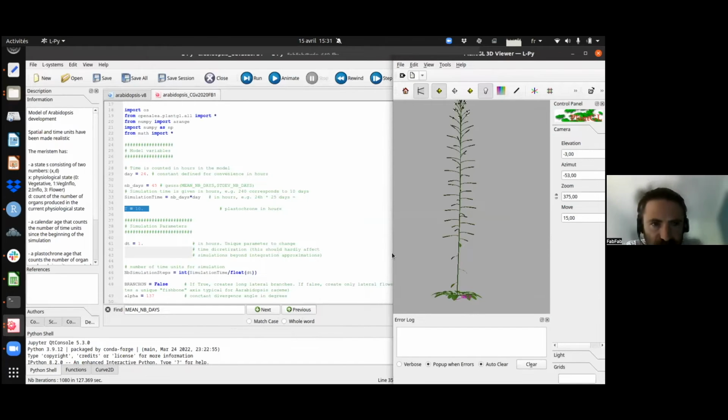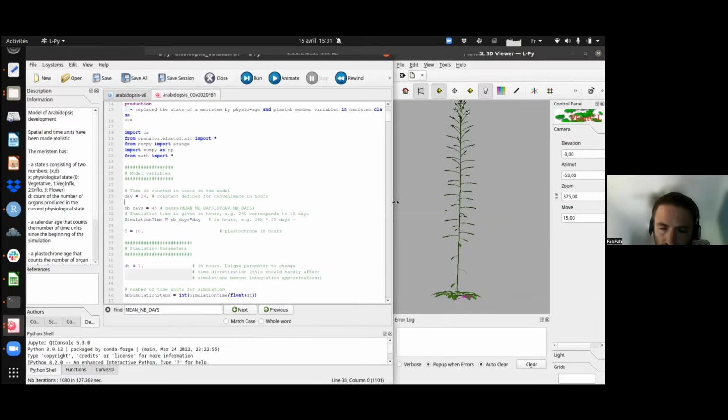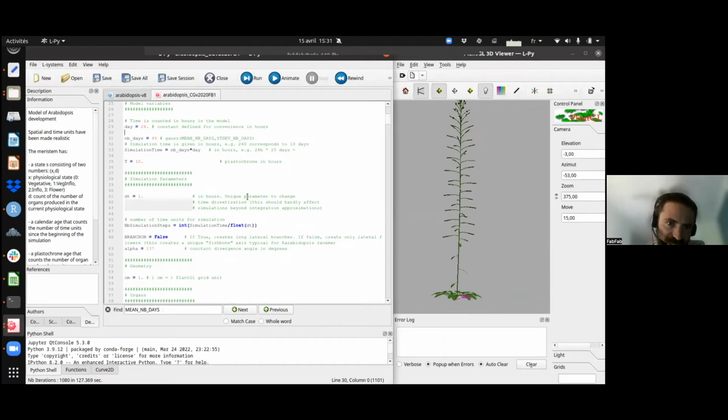So in my case, it was much easier because I started from an already existing model. So the idea is to take the latest Arabidopsis model from Christophe, understand it and tune it the way I like, so that the plant looks a bit more how I would like it to look.